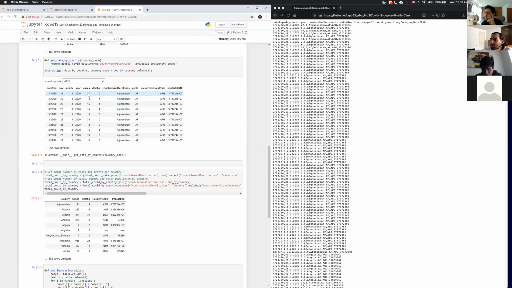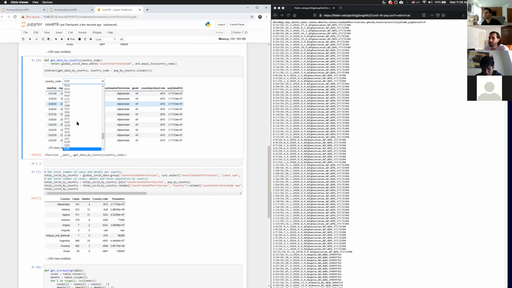Here you can get the cases per day for the country you want. For example, let's get Spain, and you see yesterday there were 812 deaths and 6398 cases.